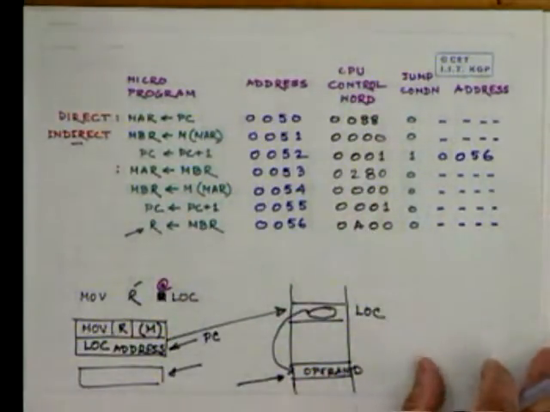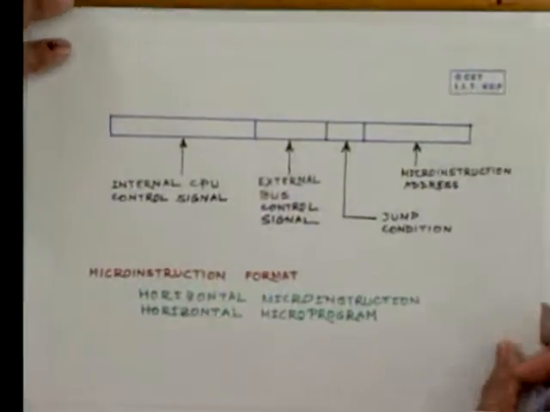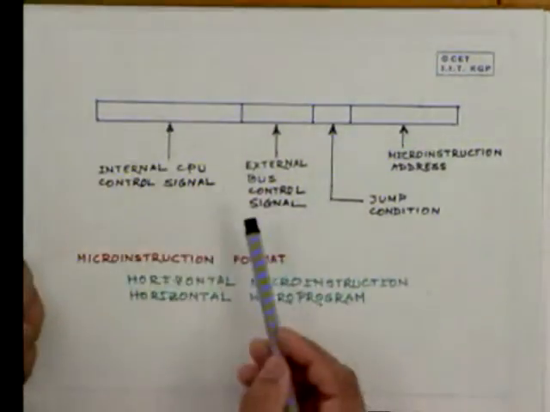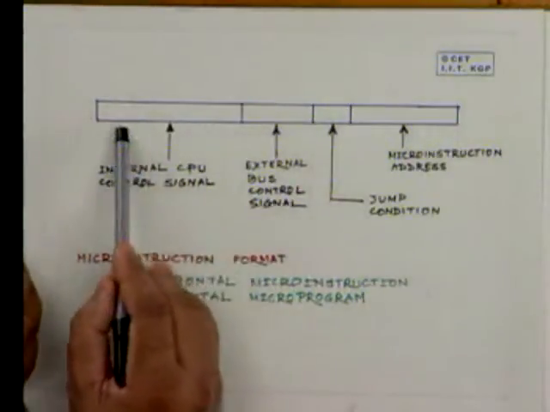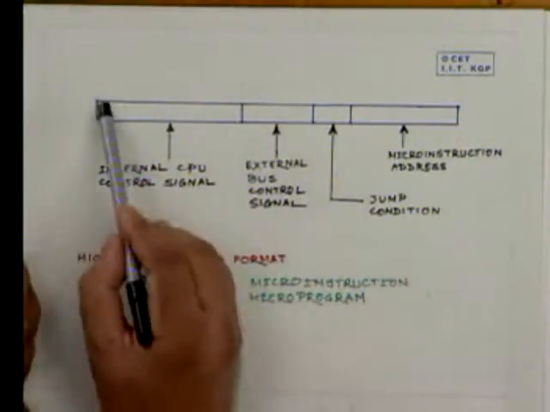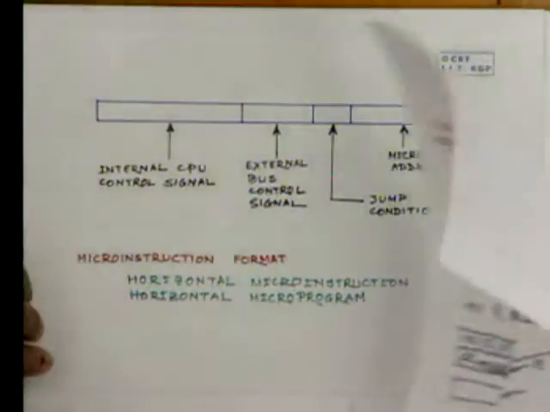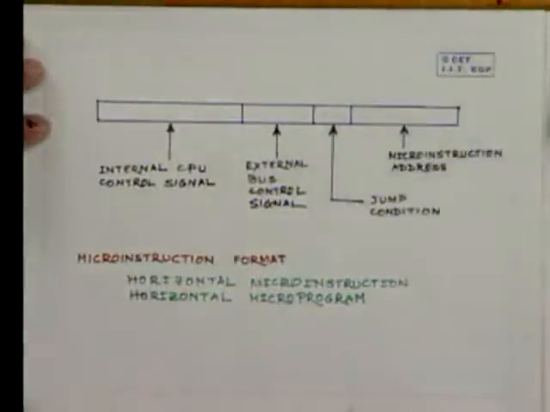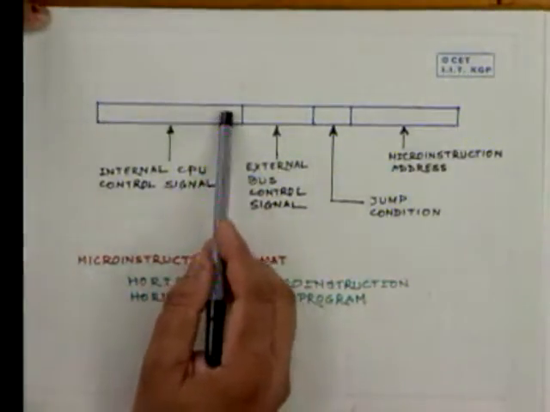Okay. Now, let's see therefore what will be the general nature of a micro instruction format. The general nature of a micro instruction format will be that here it will be the internal CPU control signals, okay, from here to here are the control signals, right? So, for example, the CPU control signals. Now, the control unit is not supposed to control only the gates within the CPU.